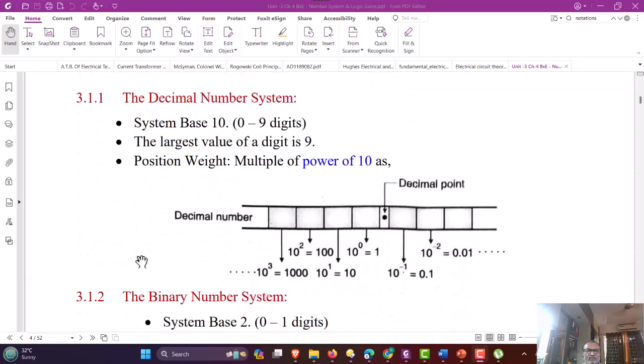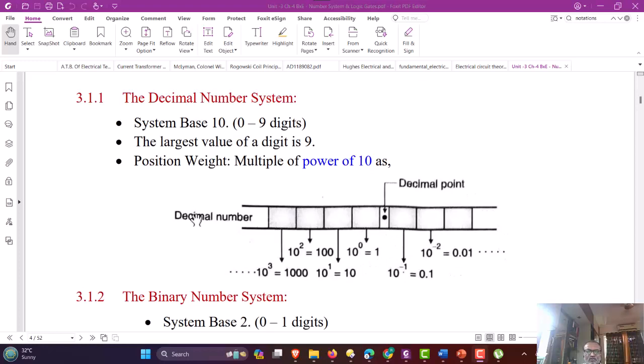Let us review the decimal system, with which we are very familiar. The system base is 10, meaning the digits used are 0 to 9. The largest value of any digit will be 9. The position weight is a multiple of power of 10 as shown here. Let us see the radix point.